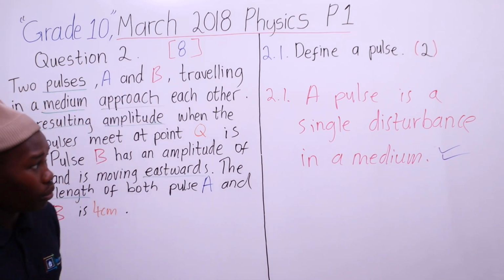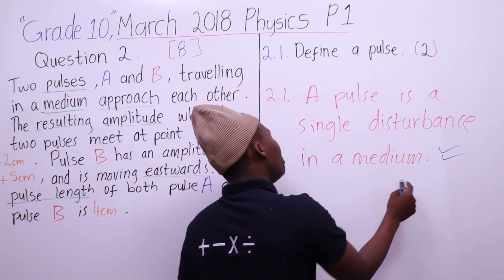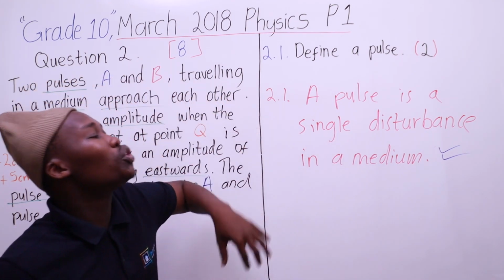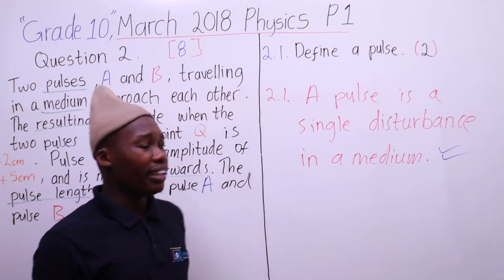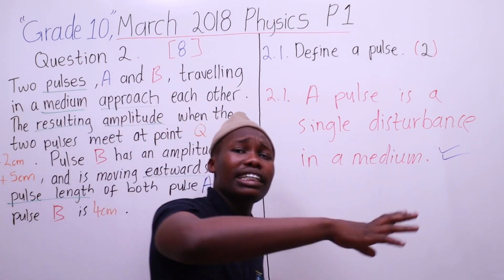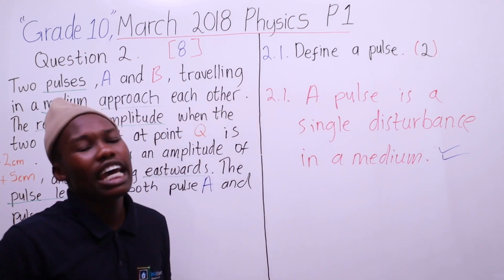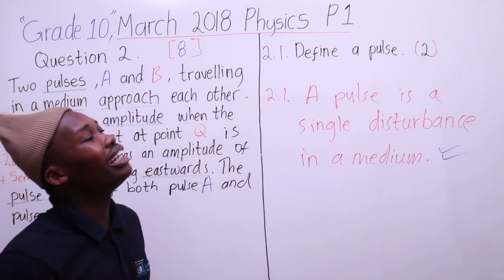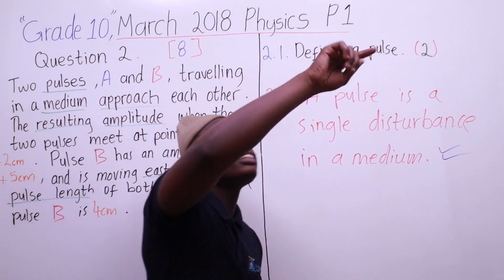What you do when you are shooting a pulse is a single disturbance in the medium. You are transferring energy to a certain part of the medium, to certain particles, and then the particles transfer the energy, and then a waveform forms, because there are many pulses that are joined like a train. It is like at the start of a train you put in energy, and that energy passes into another carriage and goes on.